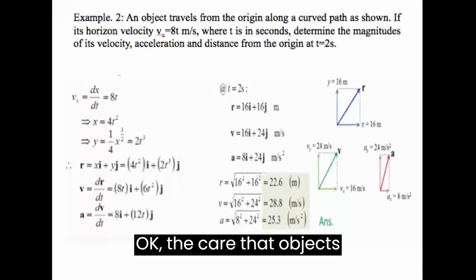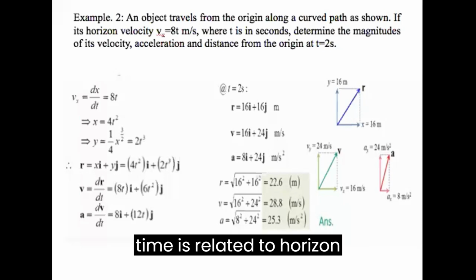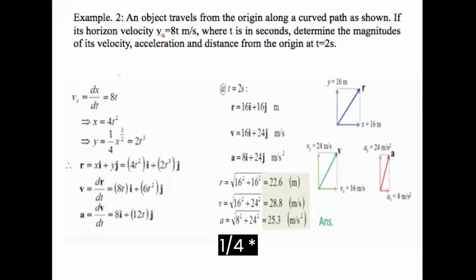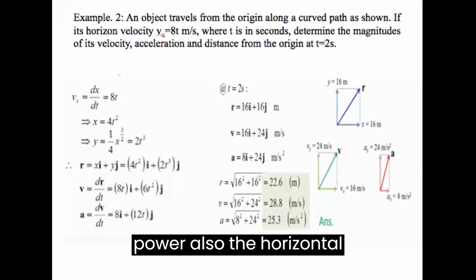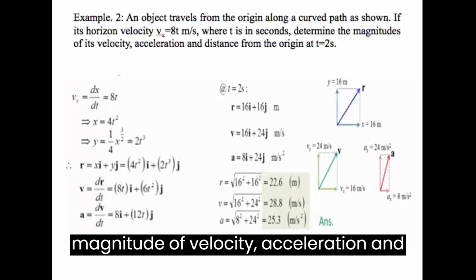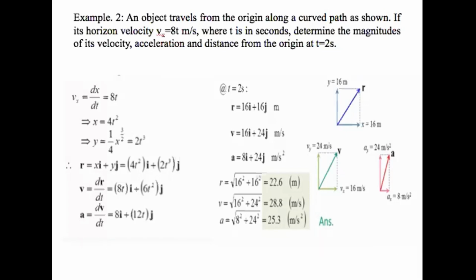Okay. The curve that the object follows is given. The vertical position y at any given time is related to the horizontal position x by the equation y equals 1/4 times x to the 3/2 power. Also, the horizontal velocity vx as a function of time is given: vx equals 8t. They ask us to find the magnitude of velocity, acceleration, and distance from the origin at time equals 2 seconds.